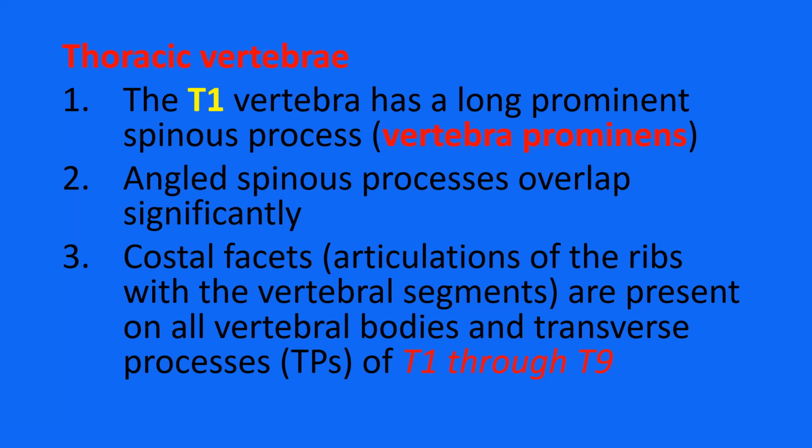Because we have the ribs, the intercostal muscles, and the connections both posteriorly and anteriorly to the sternum. So for someone to have an injury and displacement of the thoracic spine, it must really be a high energy injury. And if you see a fracture of the sternum, you always have to think of a fracture of the thoracic spine.